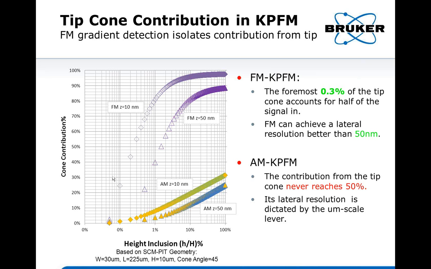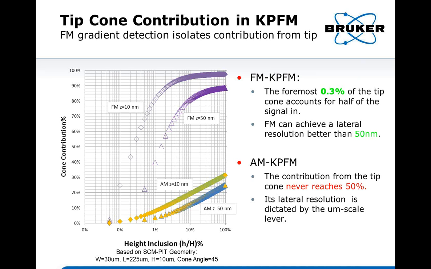Now, if you look at the purple curve, which is for the electric force gradient, and that's what frequency modulation KPFM is based on. For that one, if you want to get half of the signal, 50% of the total electrical force gradient, you need to go to here, you need to include 0.2% of the tip cone.